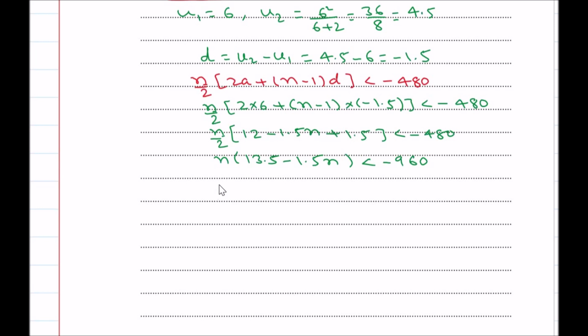Now we can expand the bracket, so we'll get minus 1.5 n square plus 13.5 n, and if you bring minus 960 to the left side, it becomes plus 960, and which is less than 0.